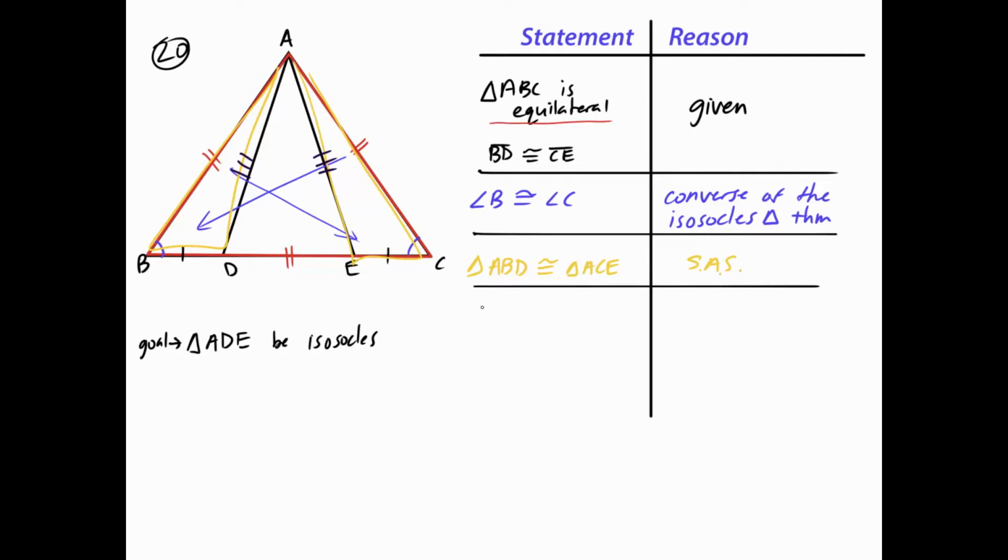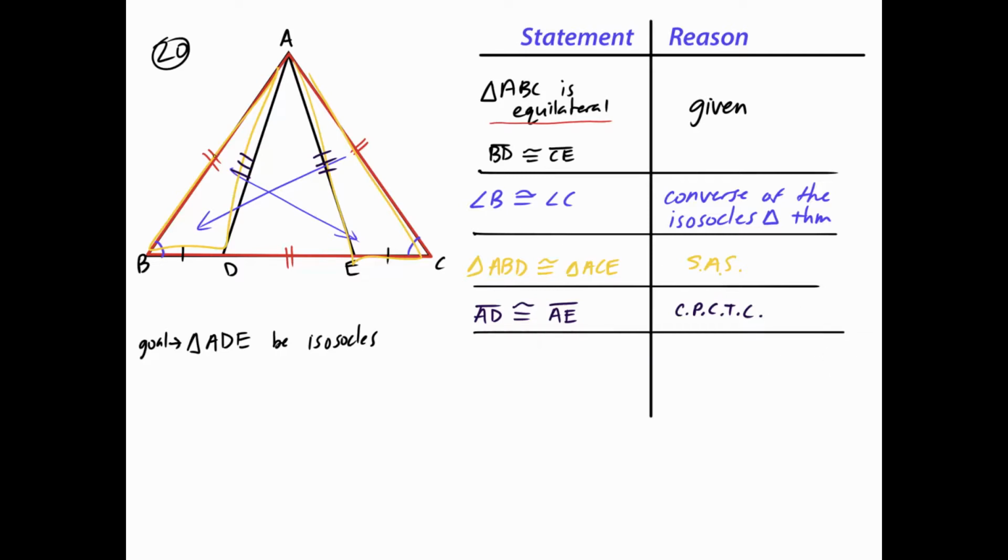So I know that AD, that line segment, must be congruent to AE. And that is because corresponding parts of congruent triangles are congruent. If you have triangles that are the same, every piece of them will be the same. That's the layman's term of CPCTC.